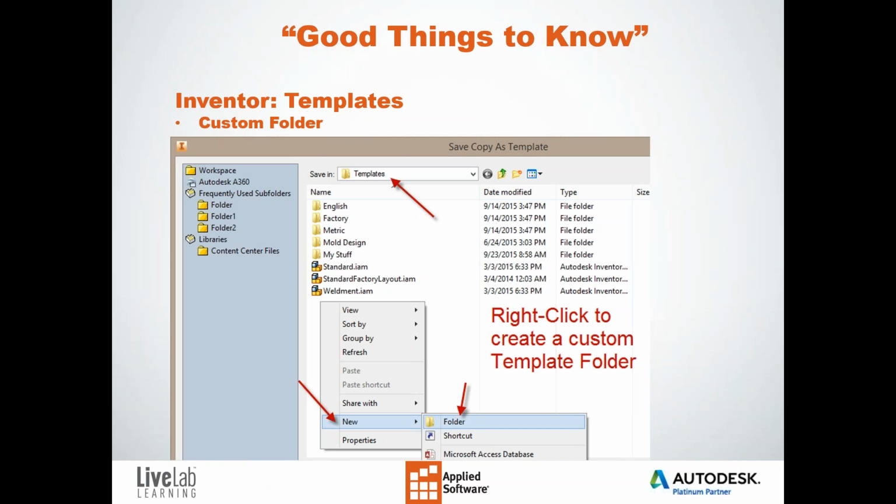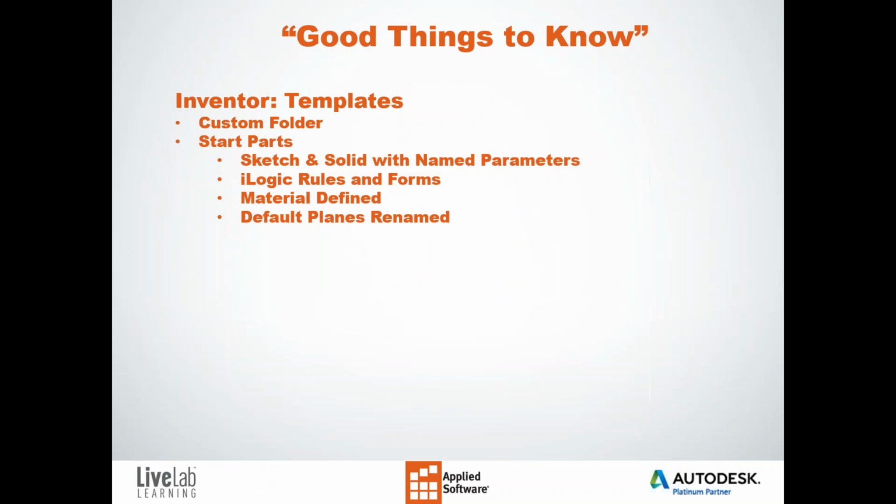Some other things to remember about templates is all the different things that you can do with those templates. You can have sketches already defined. You can have sketches and solids already defined with named parameters. So if you find yourself creating a lot of rectangles every time you create a new sketch or a new part, where you're creating a rectangle and placing a length and a width and a depth or a height dimension on there, go ahead and do that in one part file.